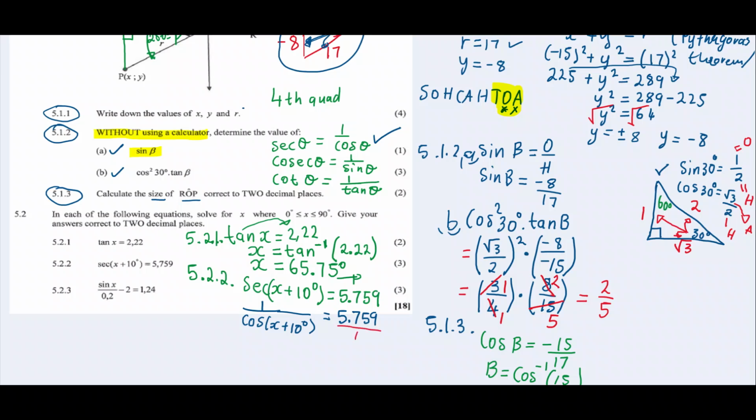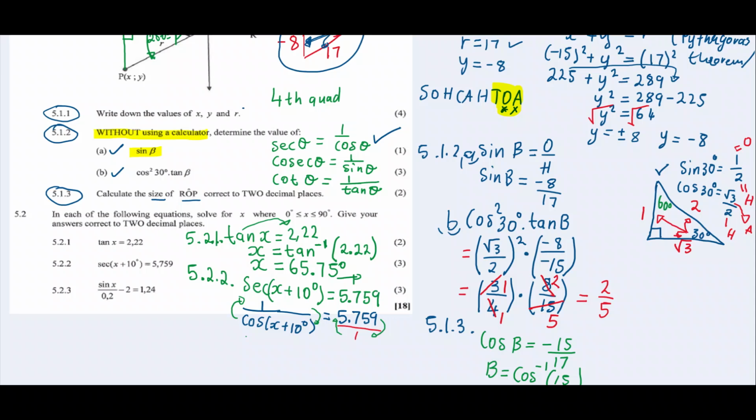After that, we know that anything is over 1. What we can do here is take the reciprocals. You can flip this, put the one at the top, and put the other at the bottom.